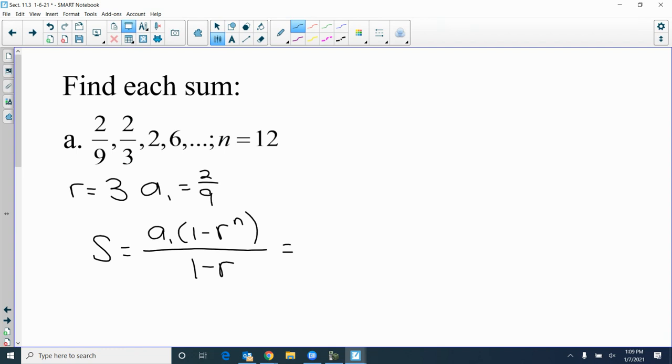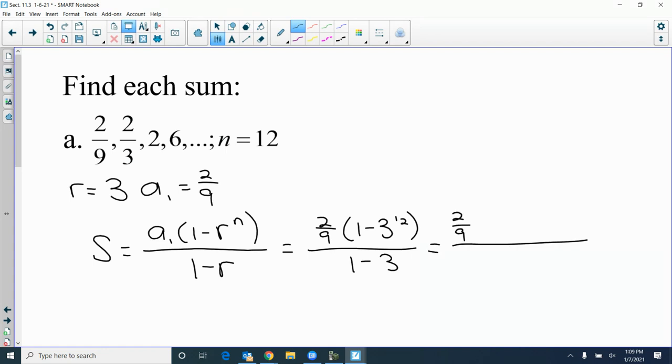First term is 2/9. 1 minus 3 to the 12th power, because n is 12, over 1 minus 3. Use your calculator, it's fine. What is 1 minus 3 to the 12th?